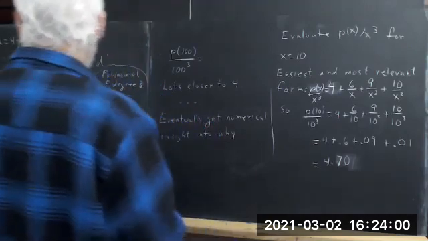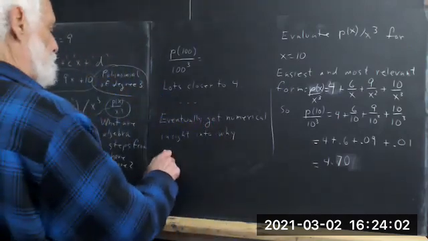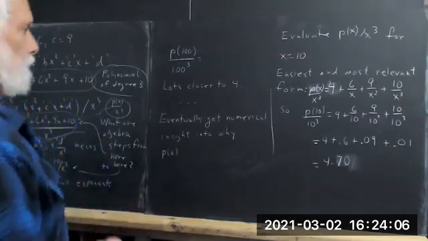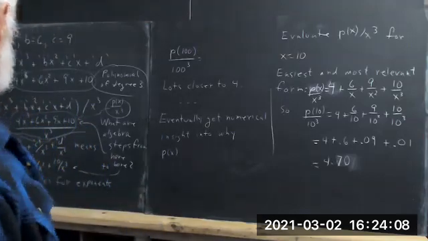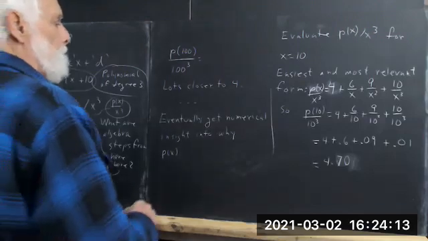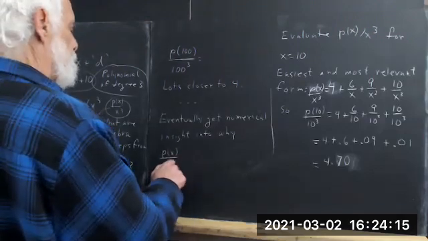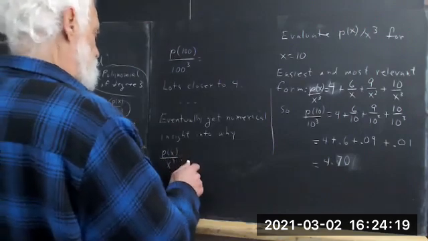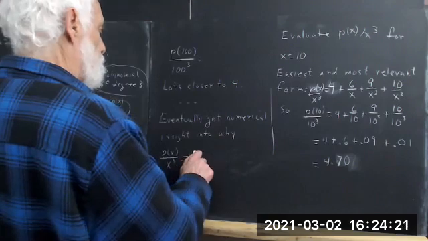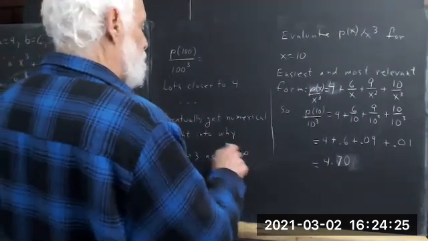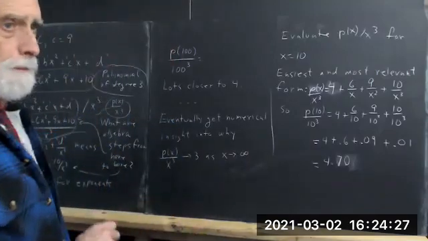into why P of X over X cubed, let's say, approaches 4 as X approaches infinity.